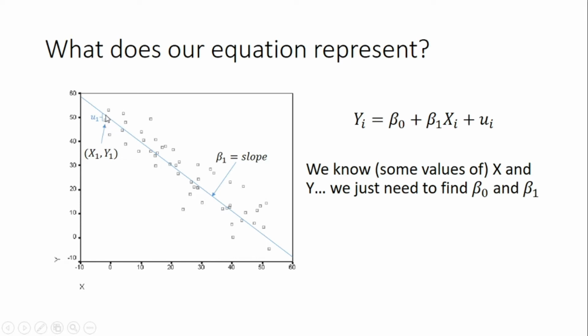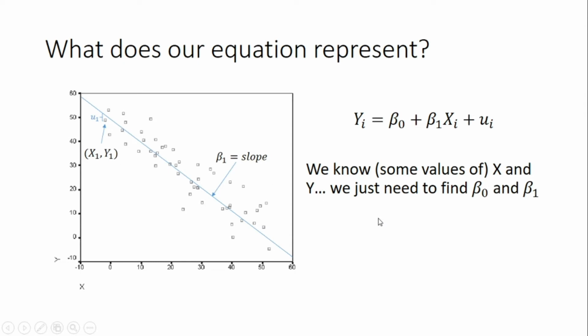It's by how much the fitted value up here is off from the actual value. And then for u2, this is the error term. And for u3, this is the error term. It's simply the distance between that dot or those dots and the line that we fit. Beta 0 is the intercept. We can't quite see it on this graph because we don't have the y-axis here, but it would be around here if we were to draw the y-axis at 0.